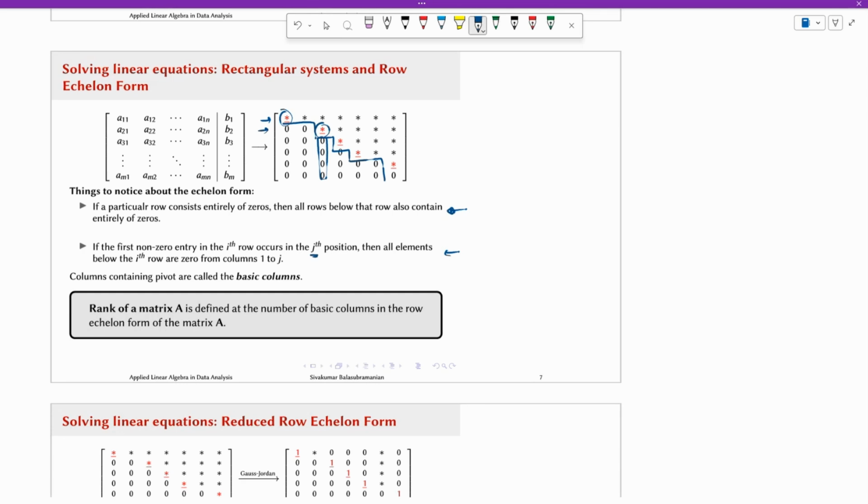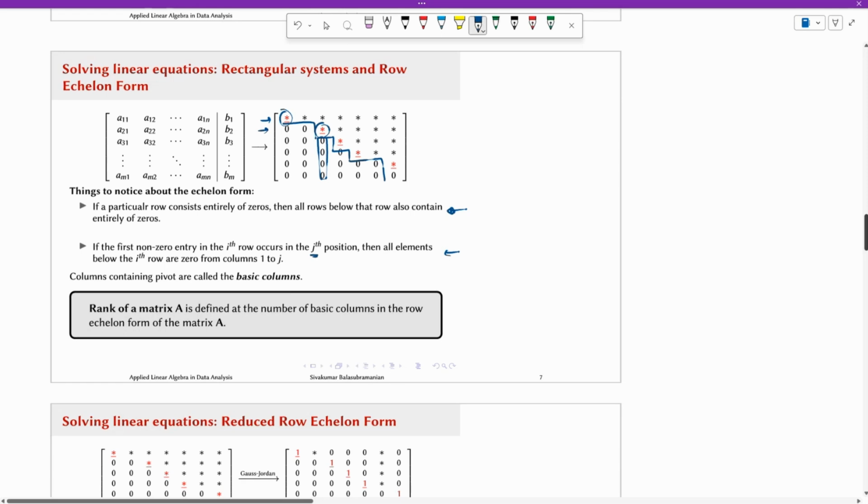And the nice thing about the row echelon form is that you can immediately find out the rank of the matrix once you have it. Okay, and the rank of the matrix is essentially the number of pivots that you have. Okay?